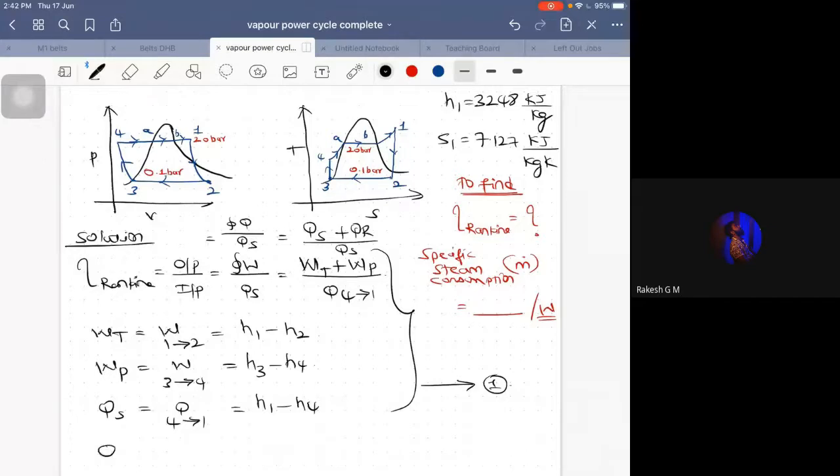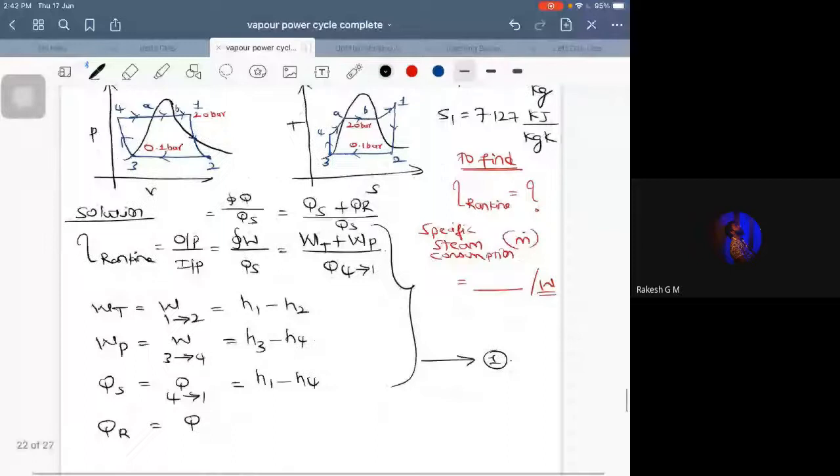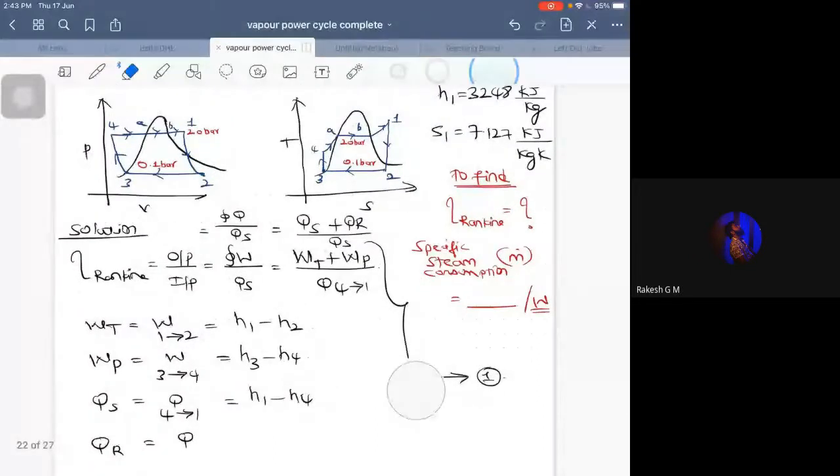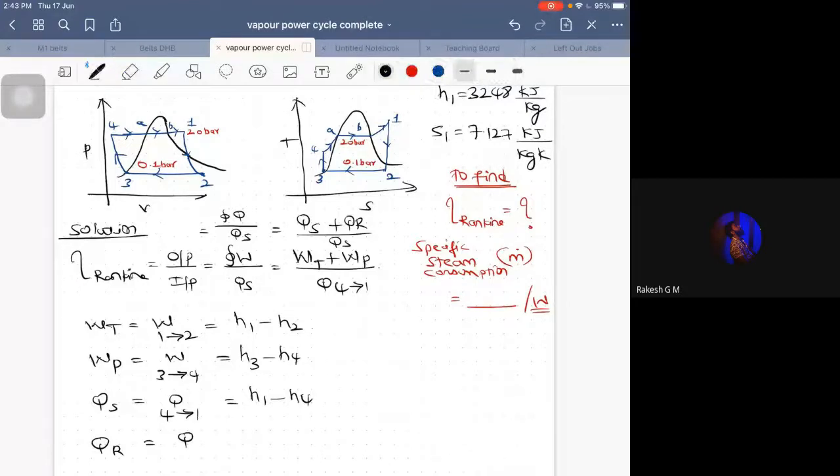Where does the heat get rejected? In which process? From 2 to 3, the condensing. For heat it is final minus initial, so it is H3 minus H2.